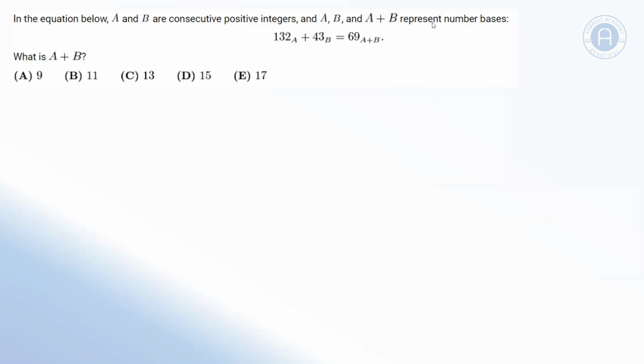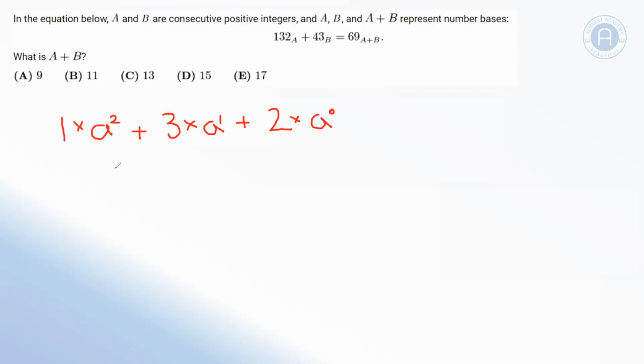So if you have a look at this question here, we're given 132 to the base A. So that's going to be 1 times A to the power of 2 plus 3 times A to the power of 1 plus 2 times A to the power of 0.